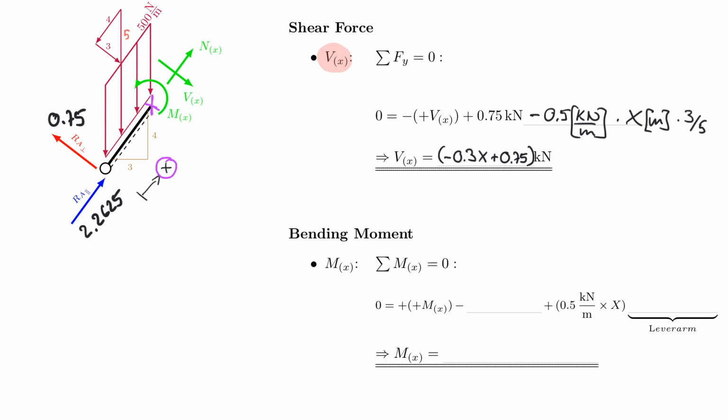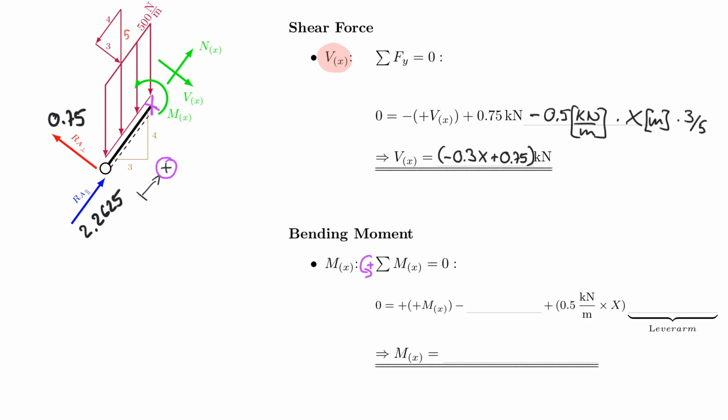So my sum of the moments is equal to 0, counterclockwise positive, and my defined moment here is already counterclockwise, therefore positive. And now I have the 0.75 here that is turning about this point. So the perpendicular force here, so this is times x.